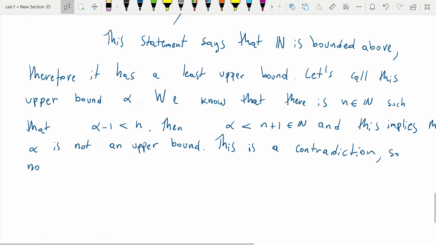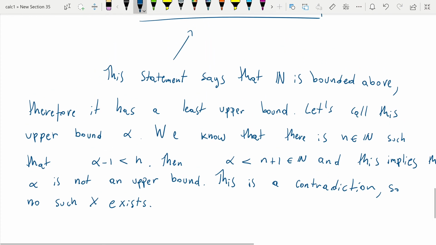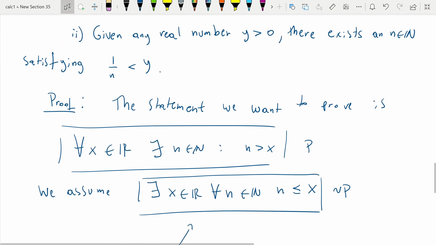So no such x exists. Okay, so that's actually the proof of the fact that given any x in R, there is a natural number that is bigger than that.